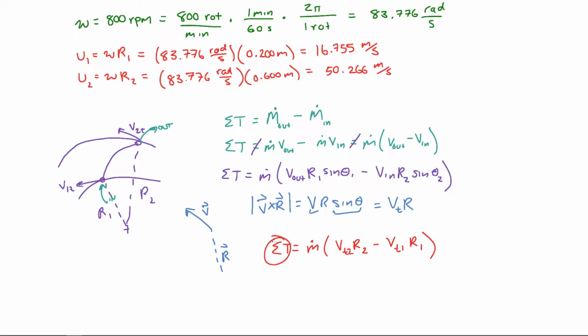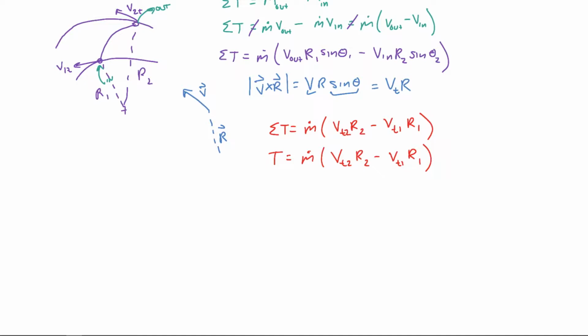Okay, and this sum of torques is all the torques acting externally on our system. So basically the torque of the pump that causes the momentum change or the increase of velocity of the fluid. So we could just say that this is the torque of the pump, equal to the mass flow rate times VT2 R2 minus VT1 R1.